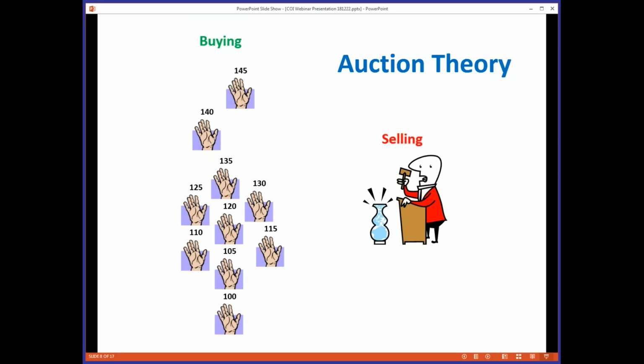We can use that to our advantage. At the end of an auction, we've probably gone a little bit too far, and so it's natural for the market to recover from that, because the rest of the market isn't willing to buy at those prices, at least not at the moment, unless something else changes.